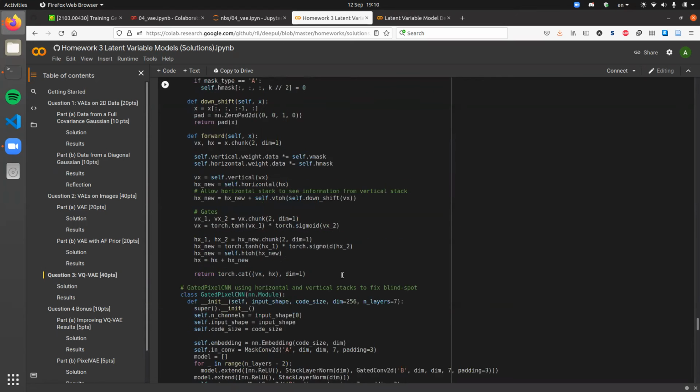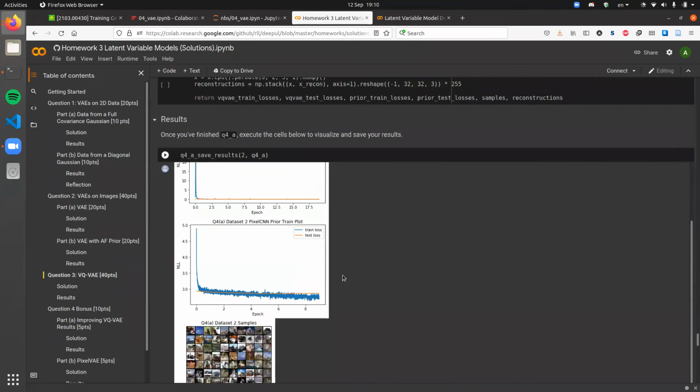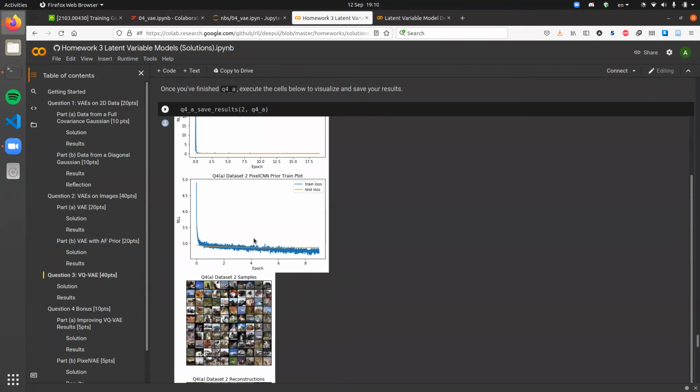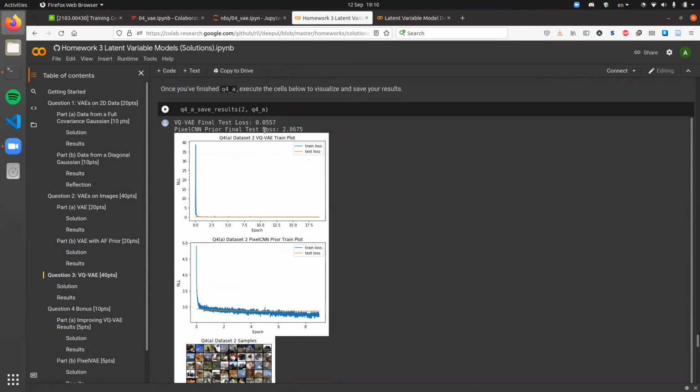They get a bit better negative log likelihood on the... Oh, it's here. It's even worse. That is okay. So here it's even worse.